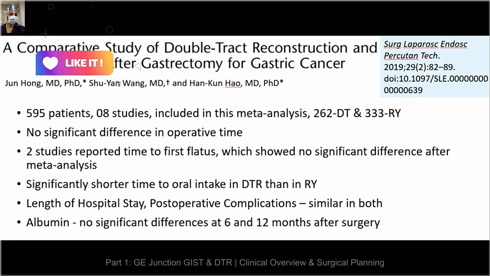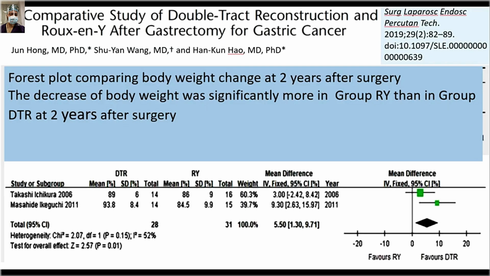The study reported a significantly shorter time to oral intake in the DTR group than the Roux-en-Y. The rest of the parameters were comparable. In the same study, they reported that the weight change at 2 years after surgery, the decrease of body weight, was significantly more in the Roux-en-Y reconstruction group than in the double track reconstruction group.